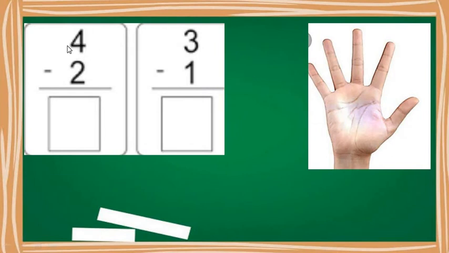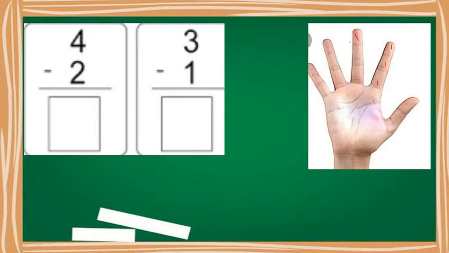Our sum is 4 minus 2. What is the sum? 4 minus 2. It means we have to count 4 fingertips. Let's do it. 1, 2, 3, 4.